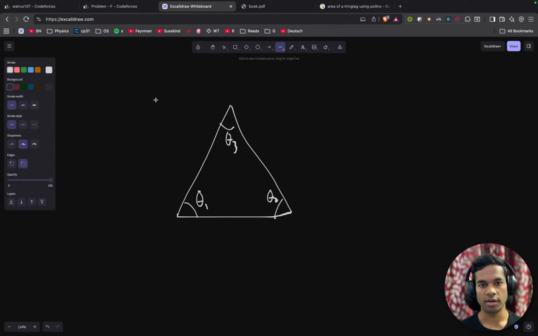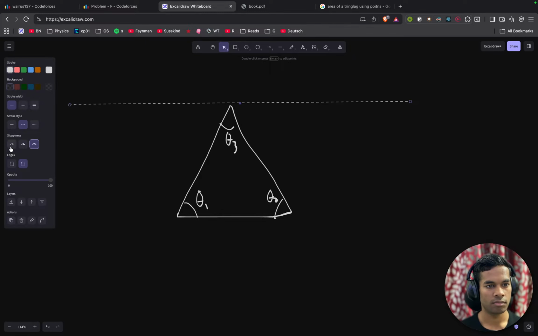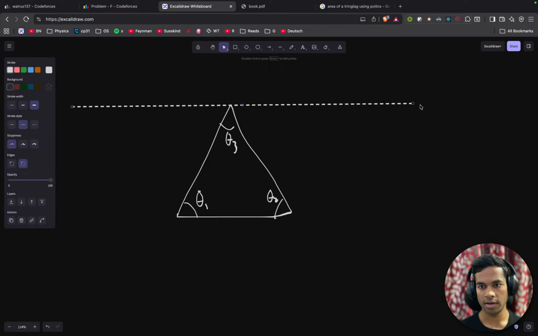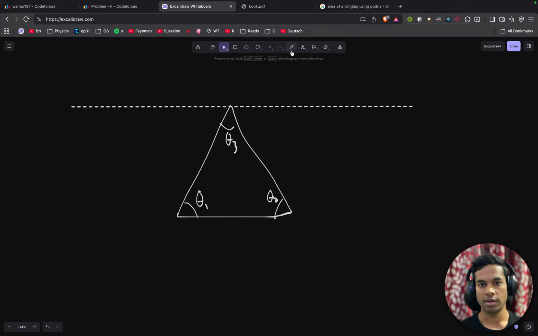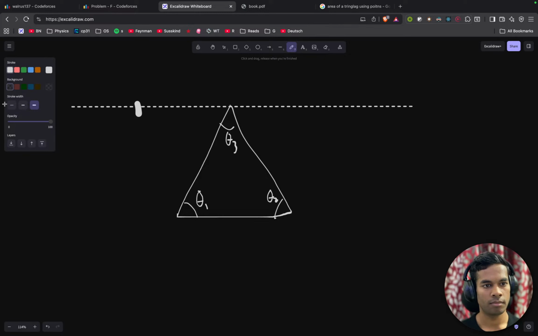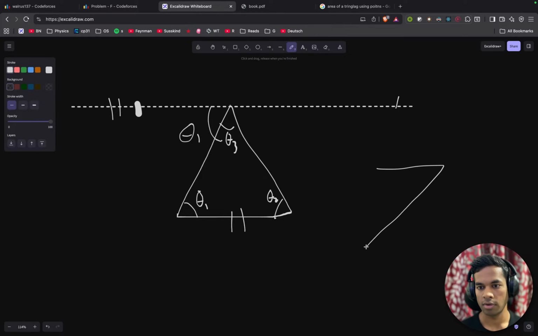To prove it, we can draw an imaginary line here, parallel to this side. If these two lines are parallel, then this angle is also theta 1, because alternate angles are equal.